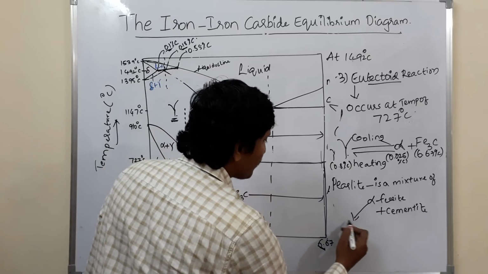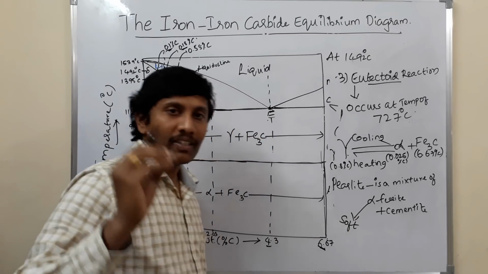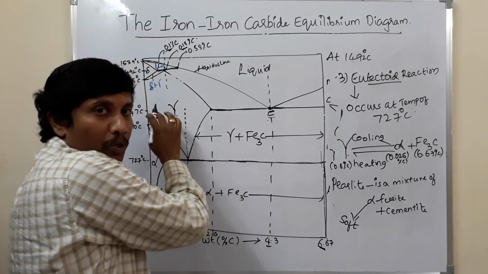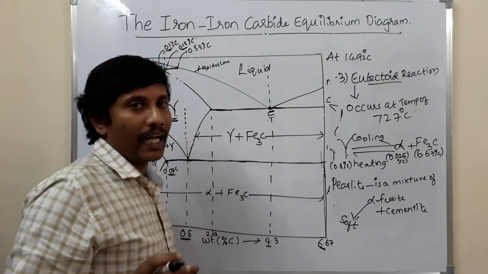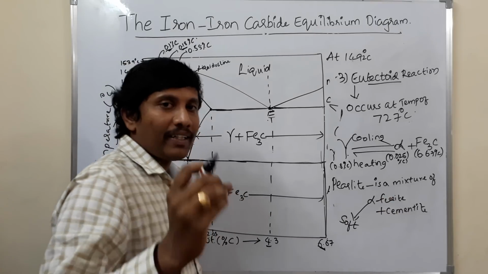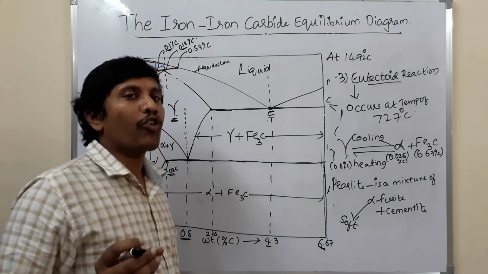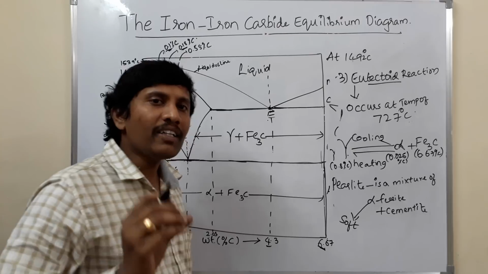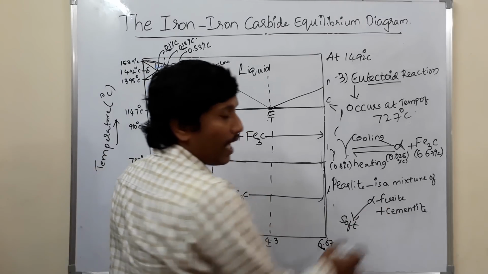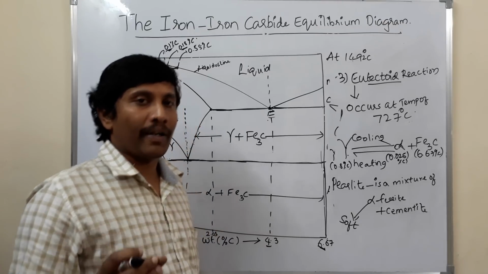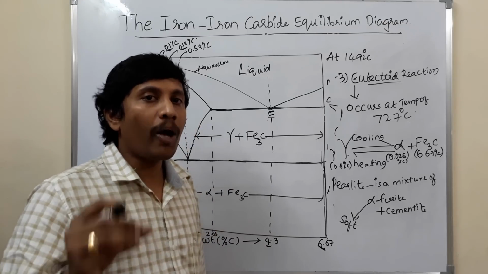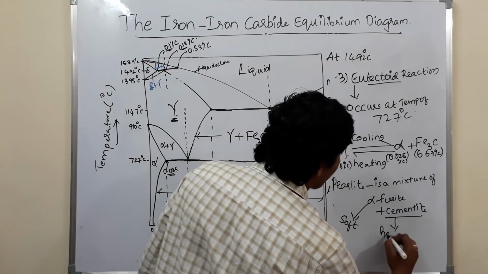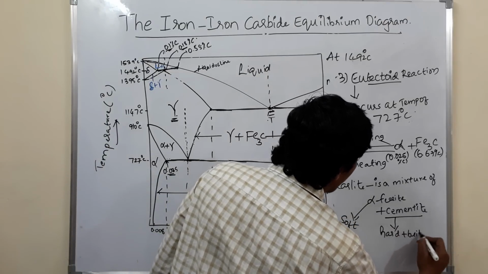Ferrite is very soft, since pure iron is very soft and ductile, and alpha ferrite has a small percentage of carbon dissolved in pure iron. Cementite has 6.67% carbon and a complex orthorhombic crystal structure, so it is a very hard and brittle phase.